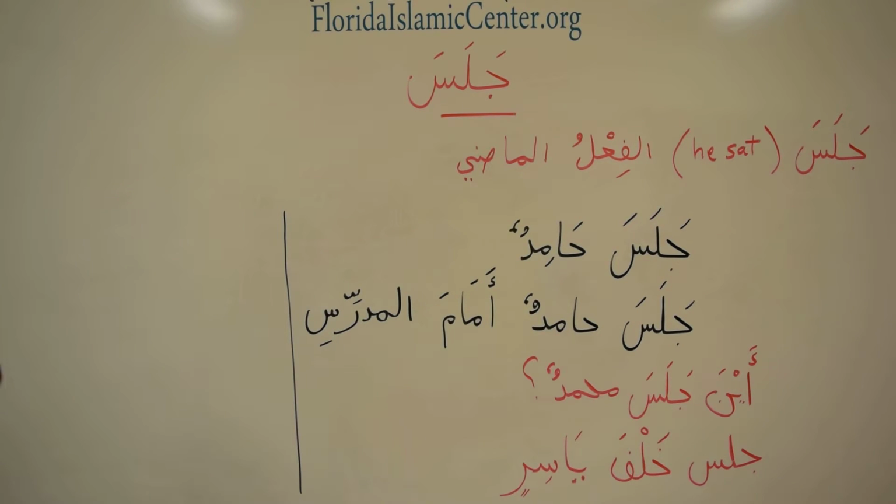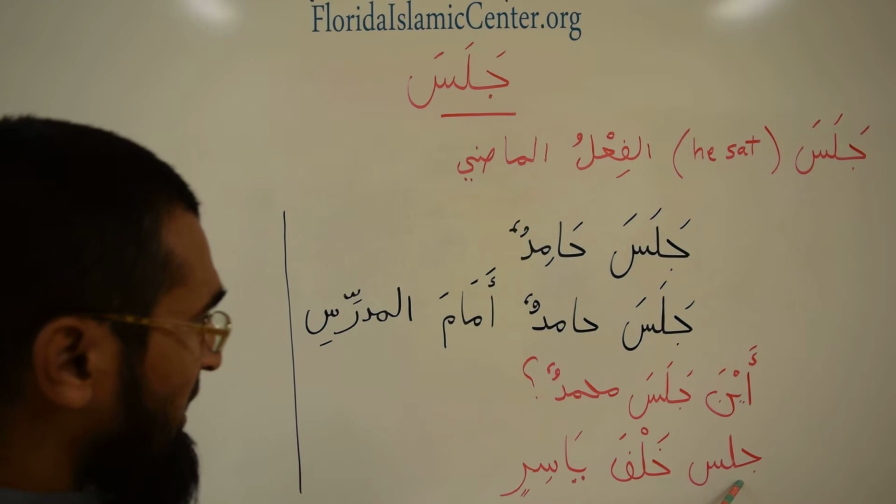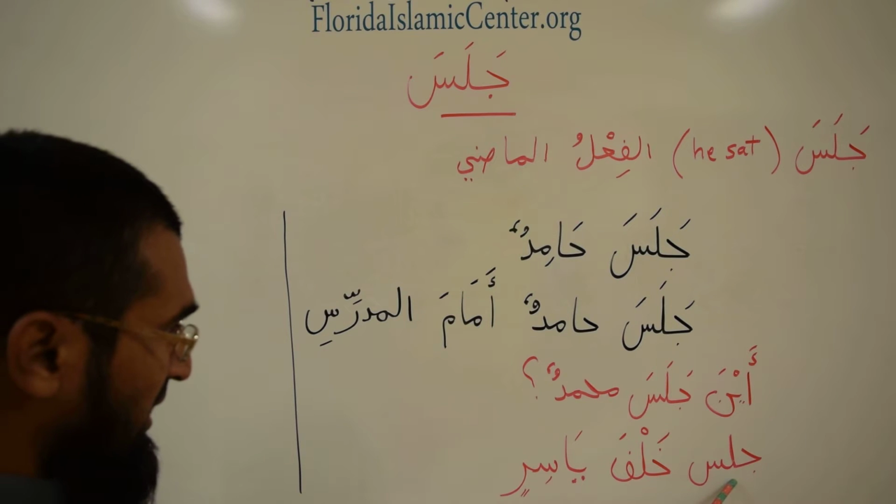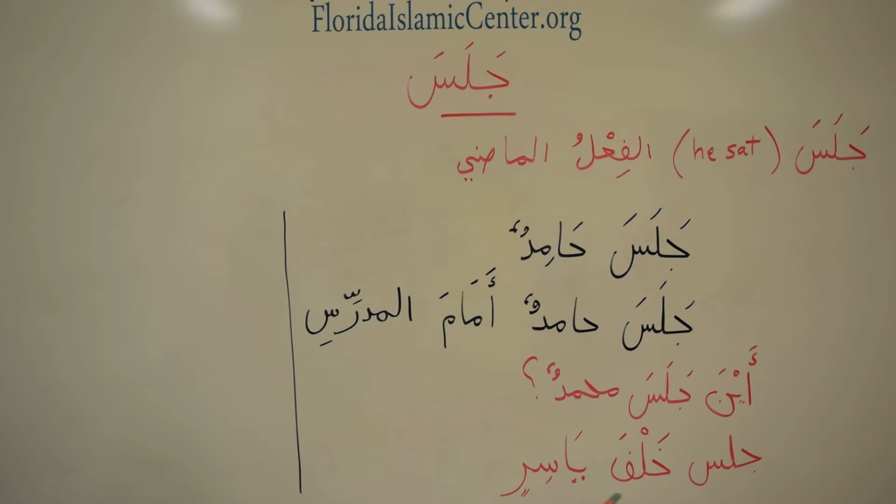The answer is Jalasa khalfa Yasirin. He sat. Khalfa Yasirin means, what does it mean? Behind Yasir. Khalfa is the mudaf, Yasirin is the mudaf ilayh. Now you're probably asking, well, how come we didn't mention the doer of the verb here?